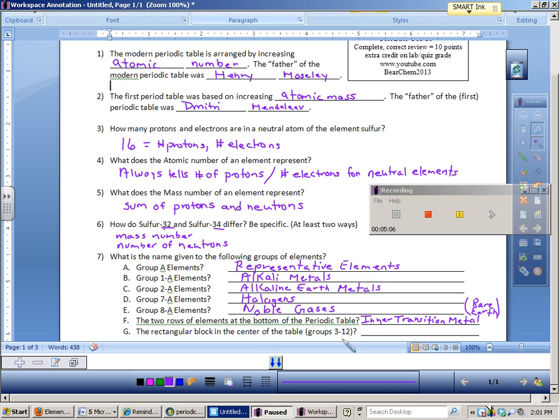The rectangular block in the center of the table, the block that goes from 3B to 12B, is otherwise known as our transition metals. So please be sure you know how to identify where the groups are.